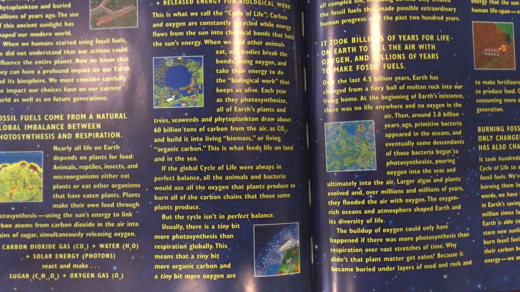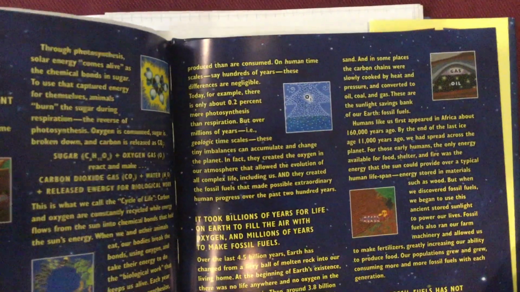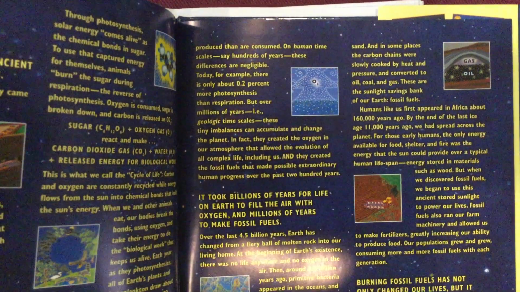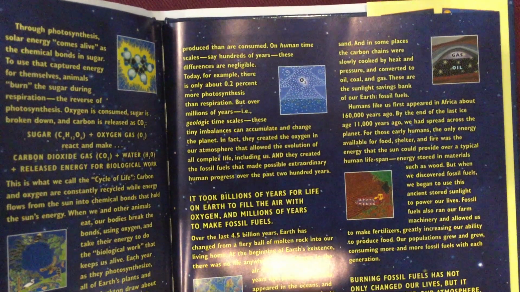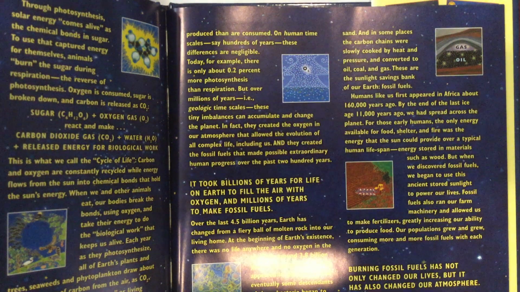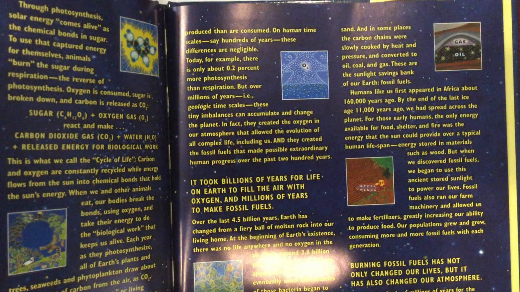Usually there's a tiny bit more photosynthesis than respiration globally. This means that a tiny bit more organic carbon and a tiny bit more oxygen are produced than are consumed. On human time scales, say hundreds of years, these differences are negligible, or not a big deal. Today, for example, there is only about 0.2% more photosynthesis than respiration.